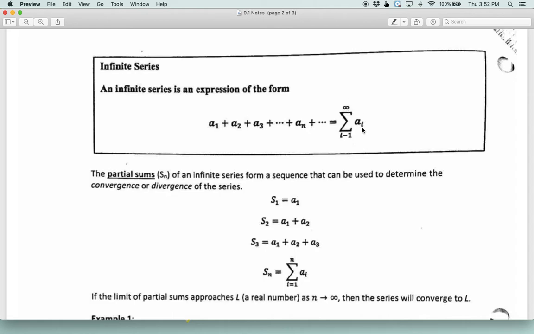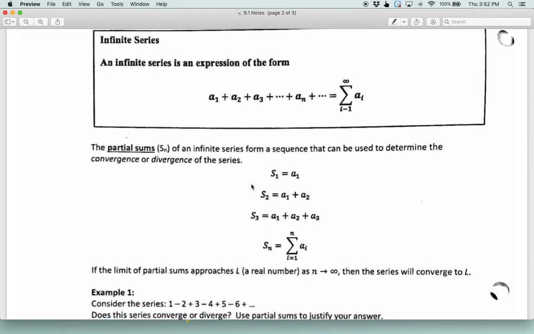So the first term would be 1 minus 1, so that's from 0, like your initial position kind of thing. This summation means use this pattern, a sub i, starting at the number here on the bottom, and add up those terms individually over time.